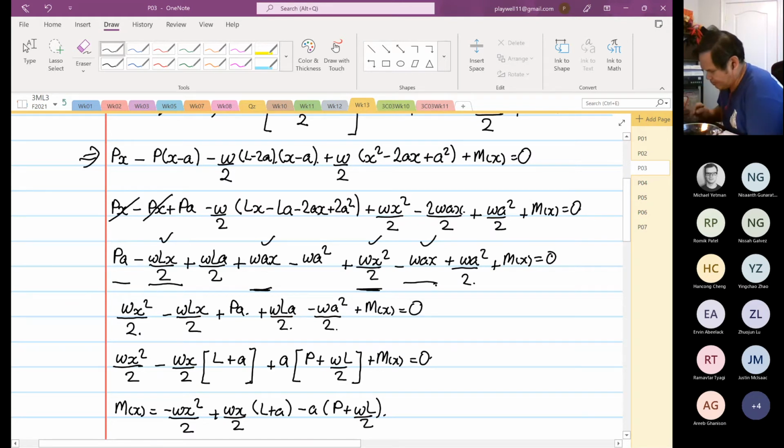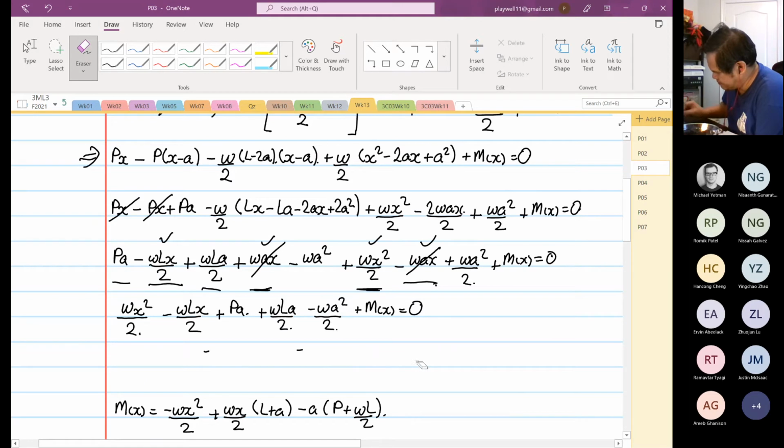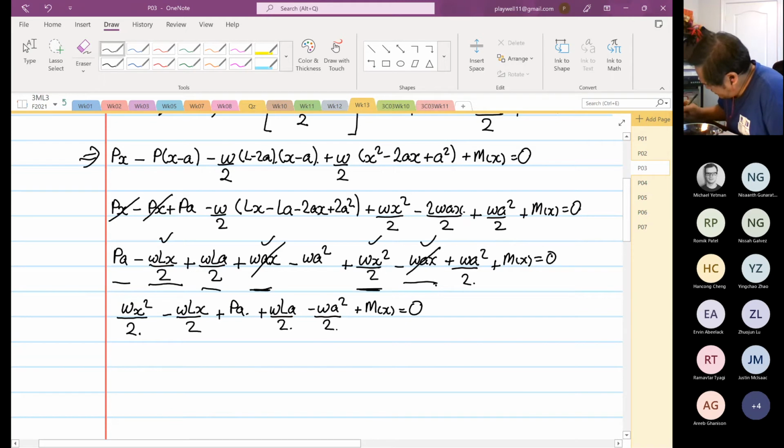Okay, let me check again. X squared, correct. I can wipe out omega ax, minus omega lx over 2, plus PA. Okay, plus omega L squared, minus and plus. Okay, this is correct. Then from here, you will get M as a function of x.